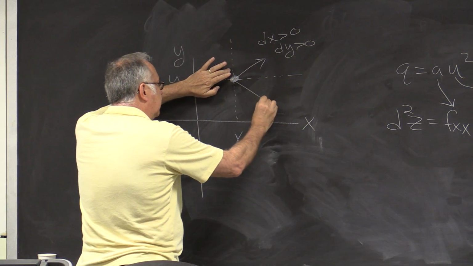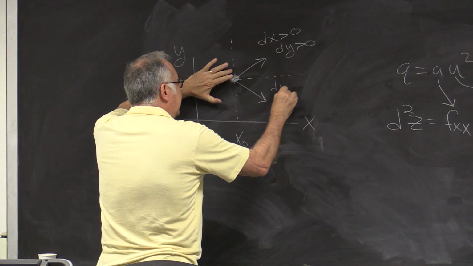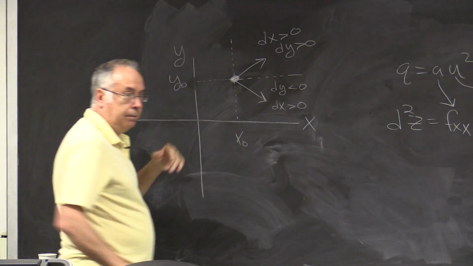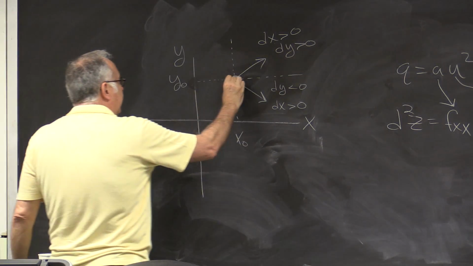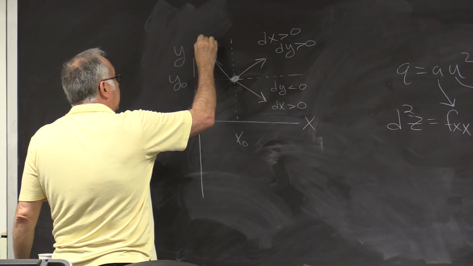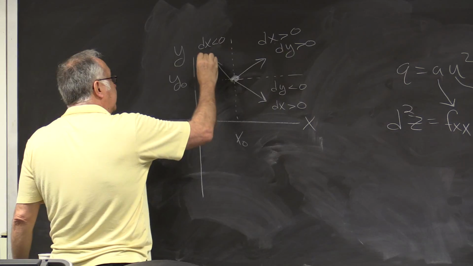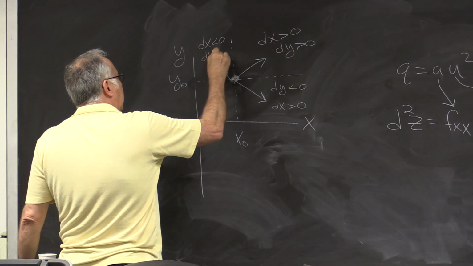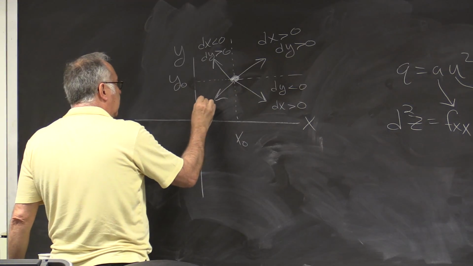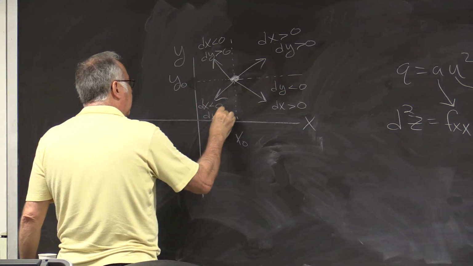If you move in this direction here, then you can see that dy is negative, but dx is positive. If you move in this quadrant, what's happening? X is getting smaller, but y is getting bigger. And if you move anywhere in this quadrant right here, your value of dx is negative, and so is your value of dy.